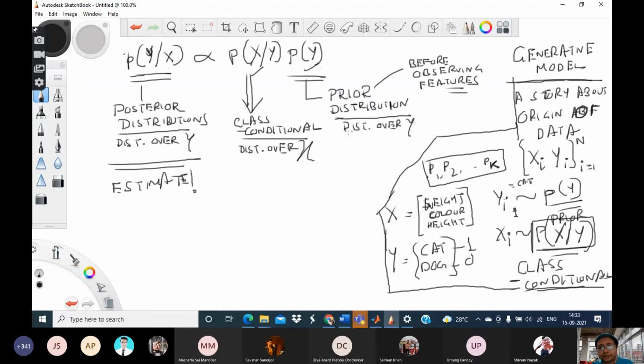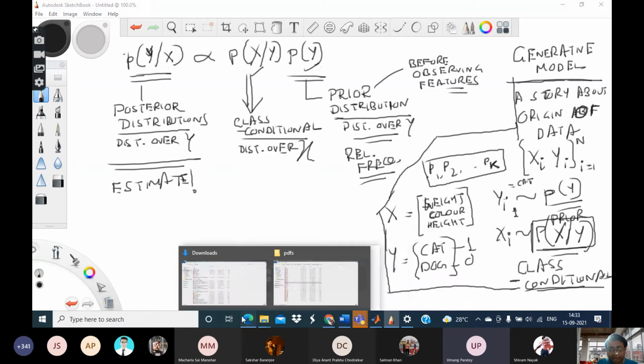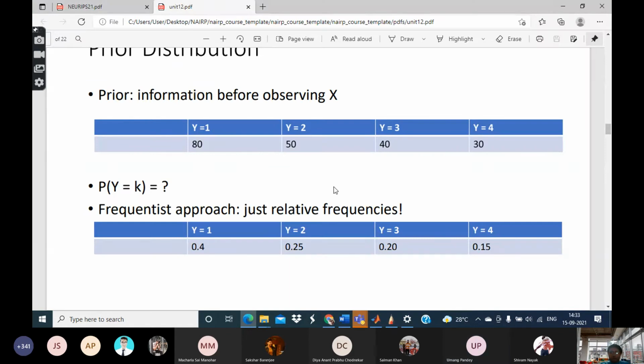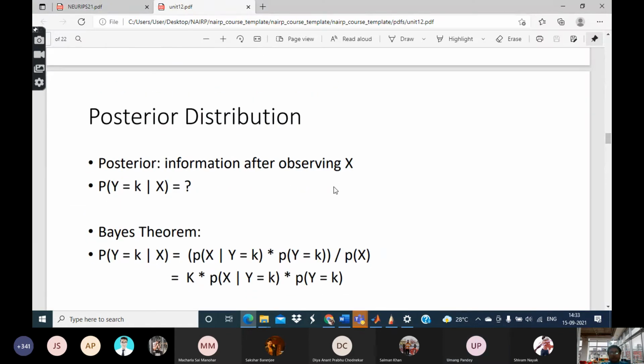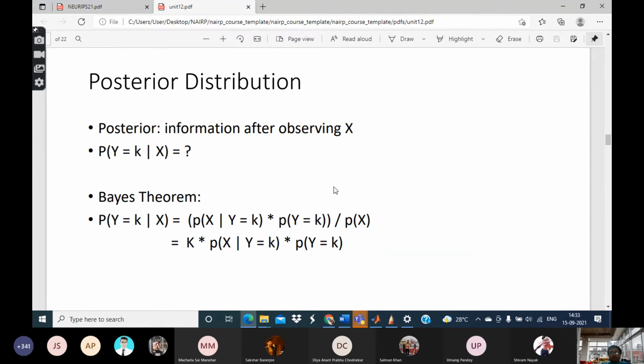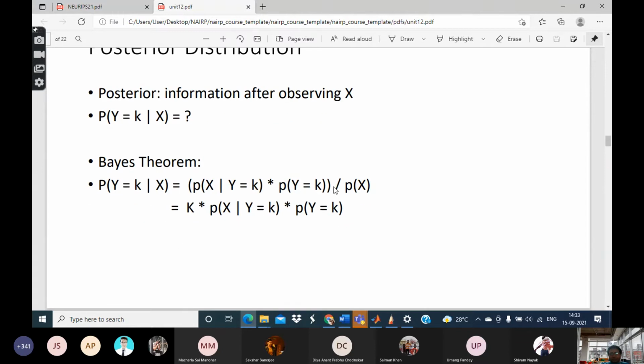So how do you get the prior distribution? As many of you have already said, this is nothing but the relative frequencies of the different labels. So this is the way you construct the prior distribution. Now we come to this class conditional distribution.